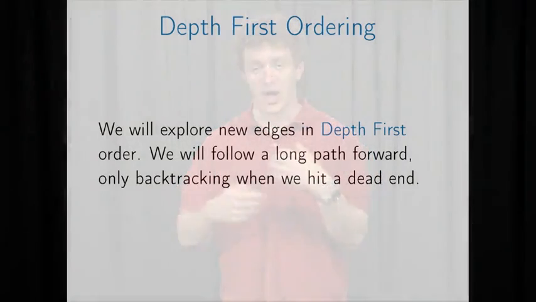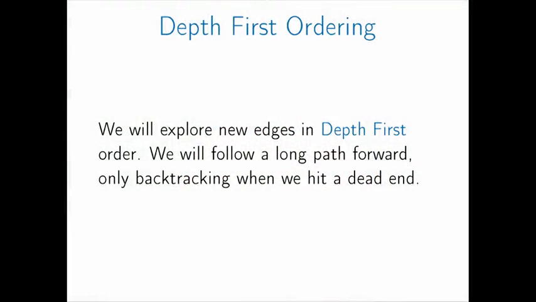The final thing is we need to decide which order to follow new edges in. And for this, we're going to use what's known as the depth-first order. What this means is we're going to start at our initial vertex, and we're going to start following a chain of edges. We're just going to follow some really long path forward until one of two things happens. One thing is we could stumble across a vertex that we've already seen before, in which case there's no reason to have followed that edge.